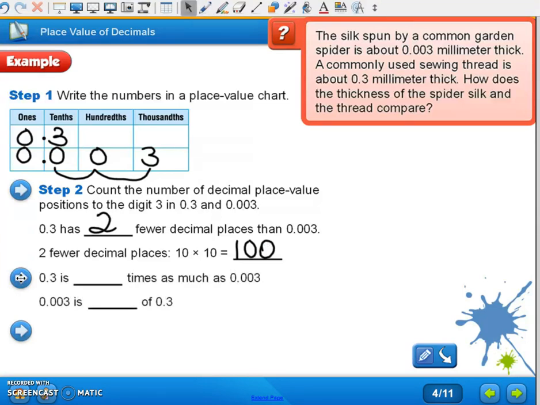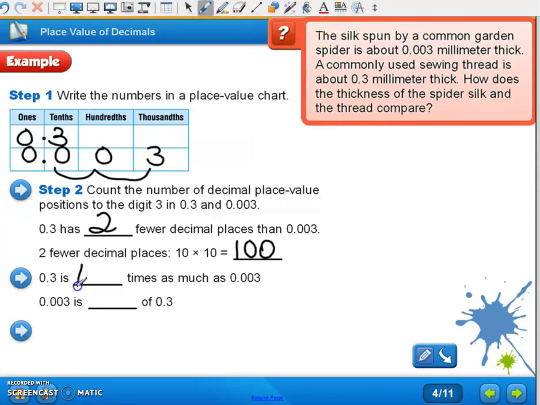Three-tenths is blank times as much as 3/1000. Remember that we moved 2 decimal places, so there's 1 times 1/10 and 2/10. And what is 10 times 10? 100.